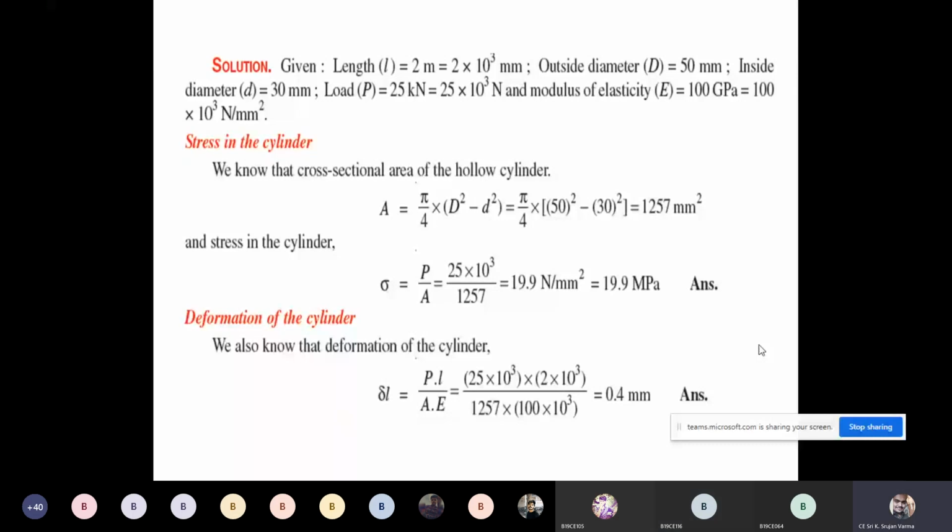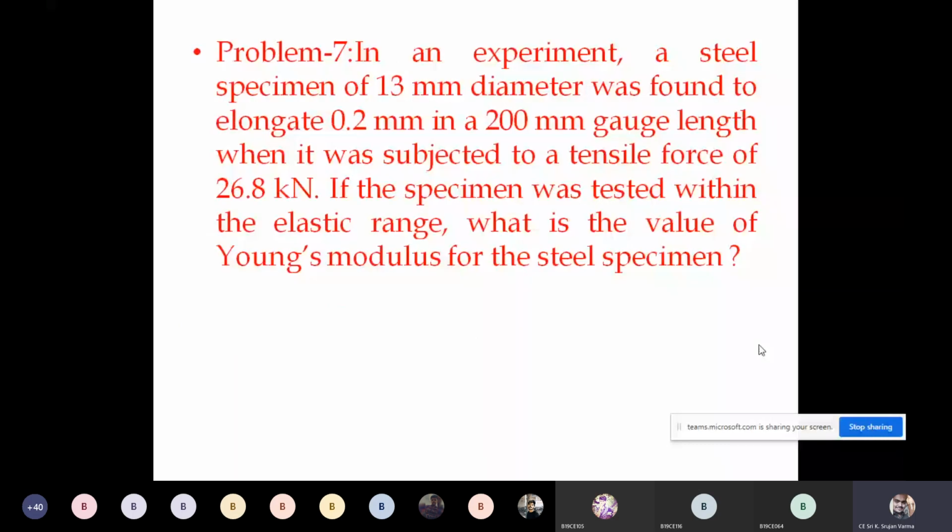Right. So this is homework for you. Try to solve this problem. If you are unable to solve it, then we'll do it in the next class. In an experiment, a steel specimen of 13 mm diameter was found to elongate 0.2 mm in a 200 mm gauge length when it is subjected to a tensile force of 26.8 kilonewton.